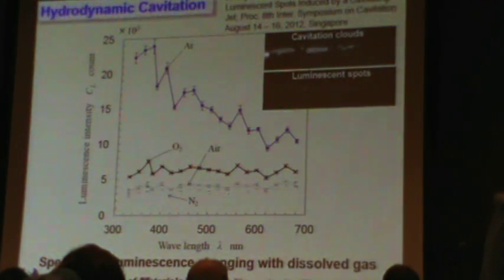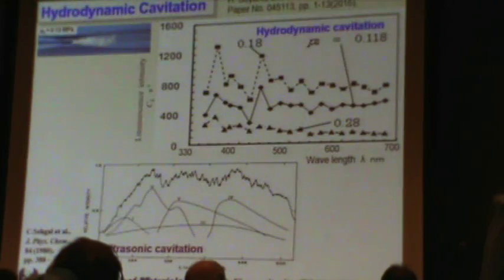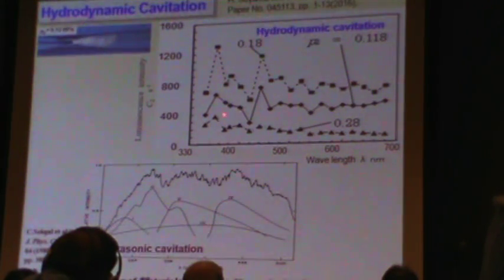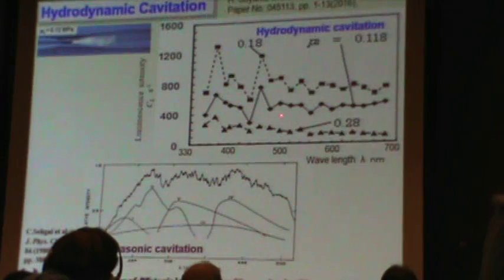In this case, I didn't put in argon, just normal air, but we can see some spots. And if we use a venturi tube like this, we can get a cavitation bubble here. Of course, in this case we can also get luminescence.